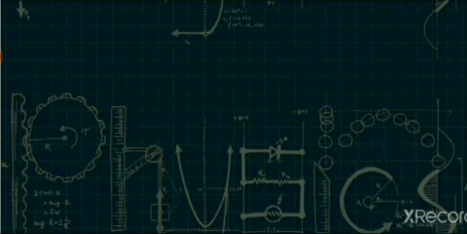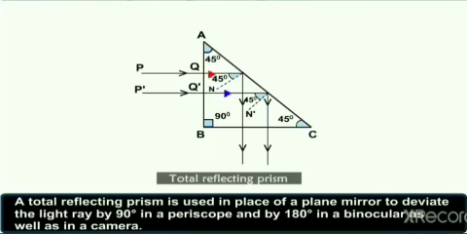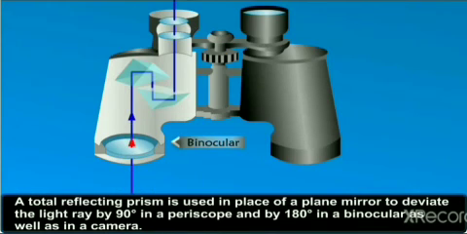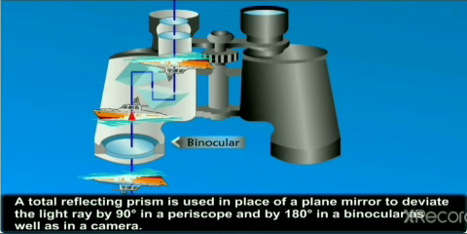Use of a total internal reflecting prism in place of a plane mirror. A total reflecting prism is used in place of a plane mirror to deviate the light ray by 90 degrees in a periscope and by 180 degrees in a binocular as well as in a camera.